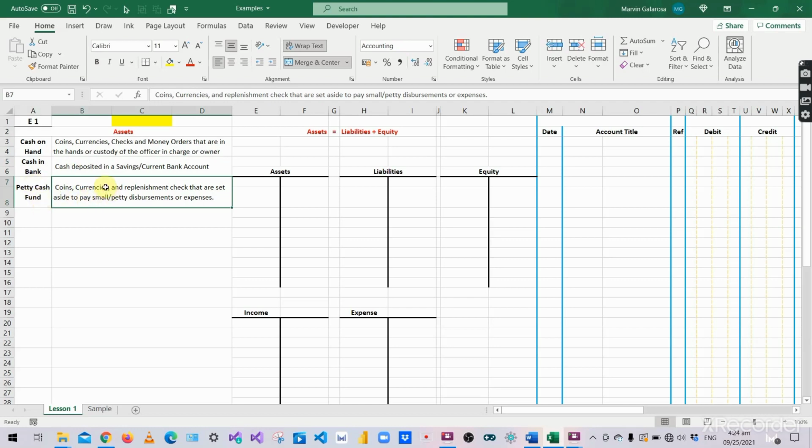Halimbawa, bibili ka ng supplies, umabot lang sa 100 pesos. So instead na gumawa ka ng check, babayaran mo na lang siya using your petty cash fund, kasi hindi convenient na bayaran yung mga small amounts using checks. So that's the time na magkakaroon ng role si petty cash fund.